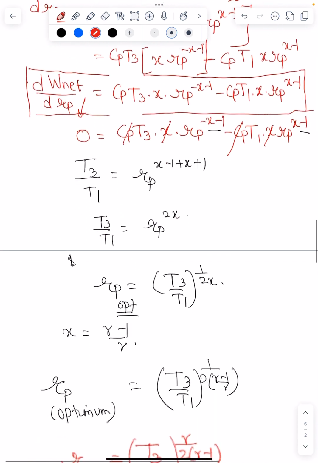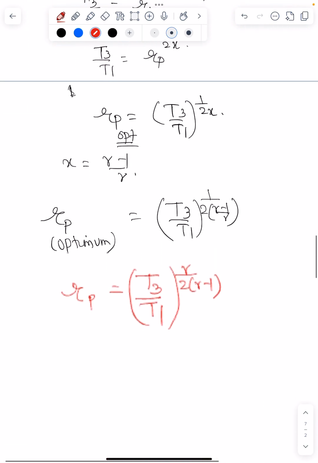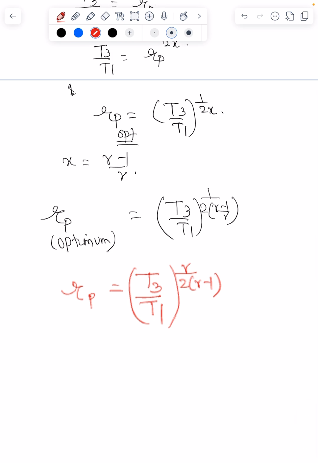But what is this T3 and what is this T1? If you look at the diagram, you'll find that T3 is the maximum temperature and T1 is the minimum temperature. So I can rewrite T3 as T max and T1 as T min. Just rewriting this expression, the optimum pressure ratio formula is Rp equals T max upon T min raised to gamma upon 2 into gamma minus 1.